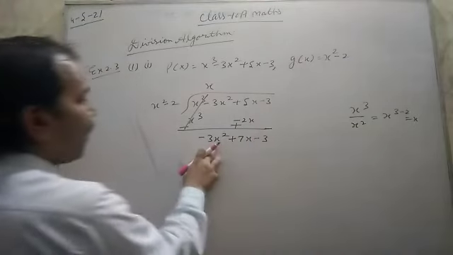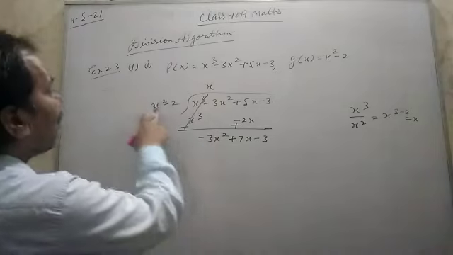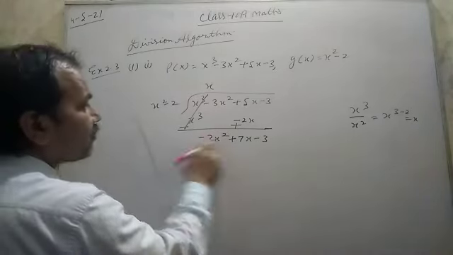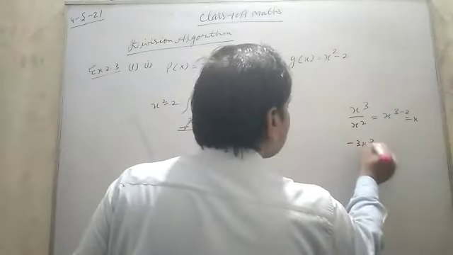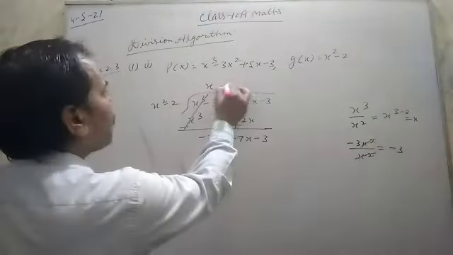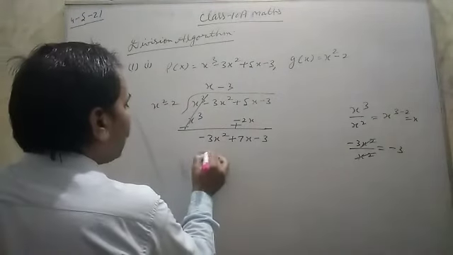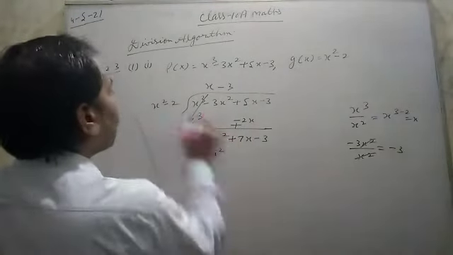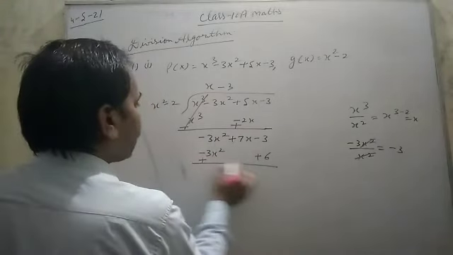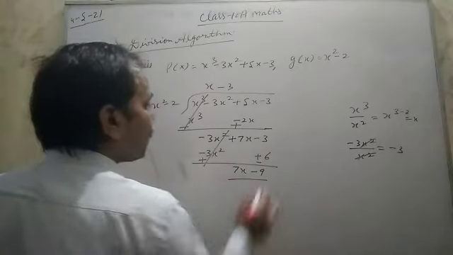Now the highest power is minus 3x square, and here x square. So minus 3x square by x square is minus 3. Write here minus 3. Then multiply in all terms of the divisor: minus 3x square plus 6. Then subtract it. Cancel, so 7x minus 9.